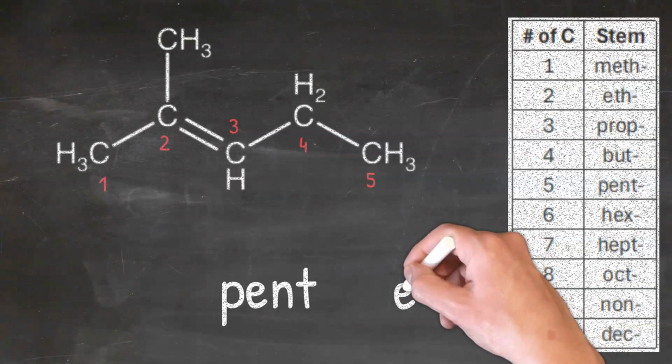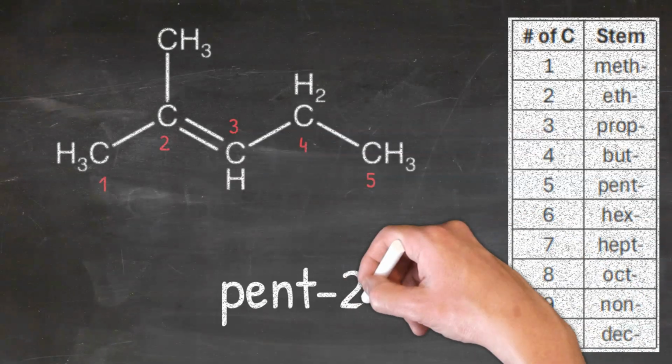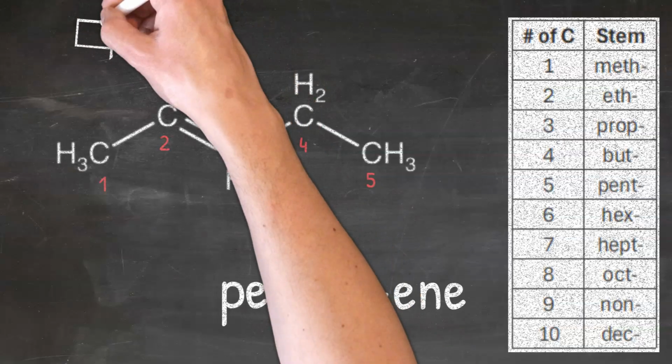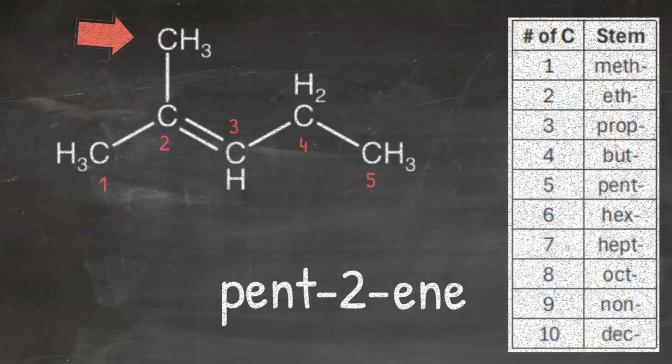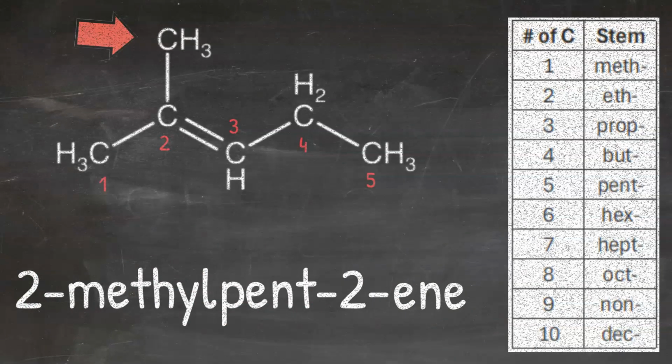So I'll add the suffix -ene to note that there's a double bond present, and I would need to add the number 2 in front of -ene to note that the double bond starts on the second carbon. I then need to account for this methyl group attached to my carbon chain. The methyl group is attached to the second carbon, and it is a methyl group, so I would need to add the prefix 2-methyl in front of pent. So the name of this structure would be 2-methyl-pent-2-ene. Now you know how to name alkenes.